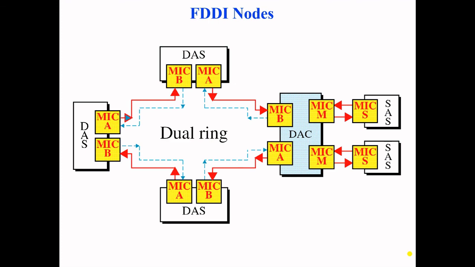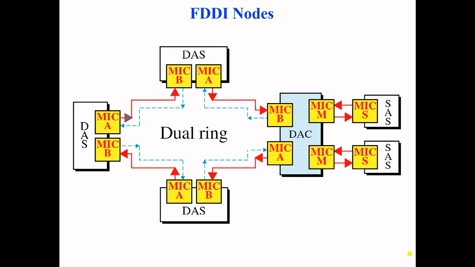These are the FDDI nodes, and there is a dual ring. So FDDI offers DAS. What do we mean by DAS here?